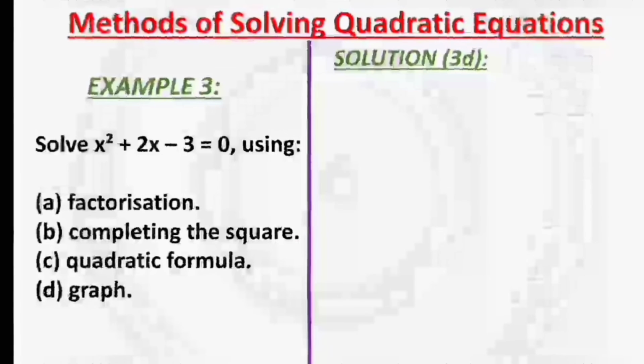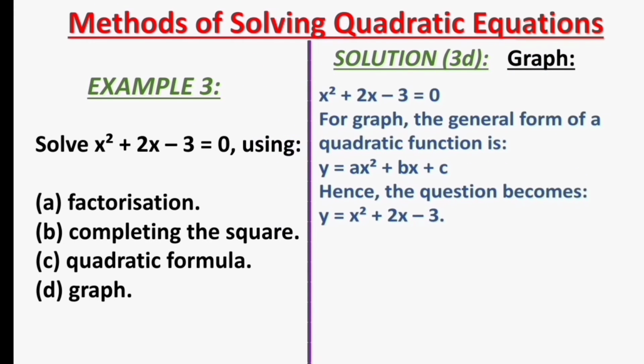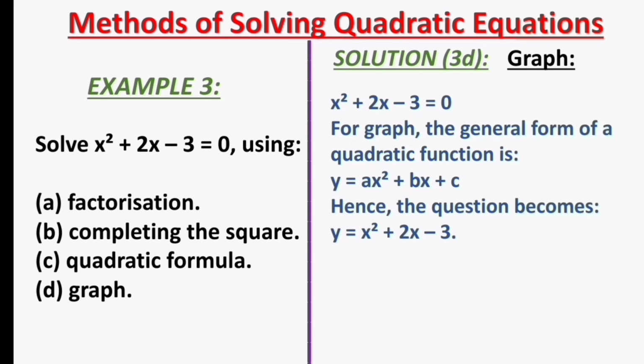Lastly, let's see the answer to question 3 using the graph method. Now from graph method, the general form of a quadratic function, which is a graph, is y equal to ax squared plus bx plus c.